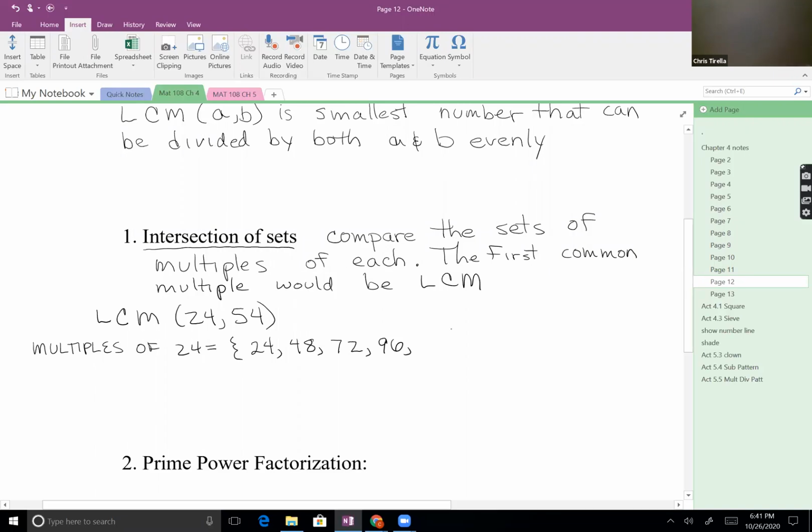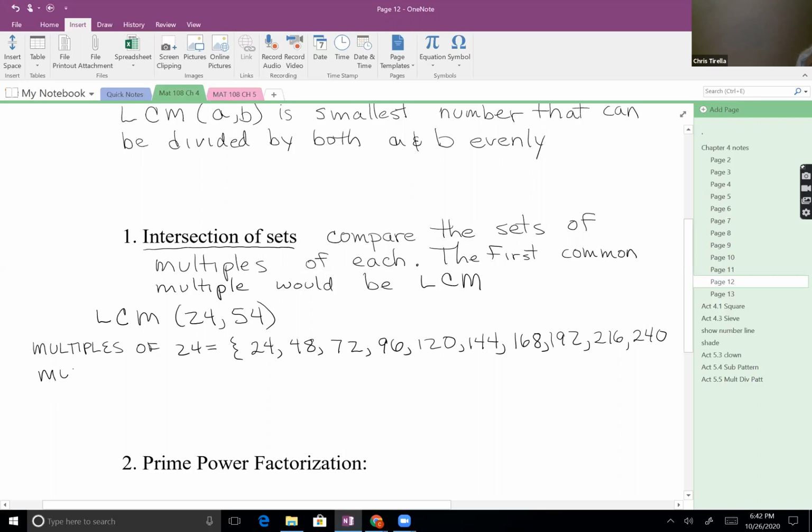Anybody want to help me with that one? 120. 24 times 6, 144. 24 times 7, 168. 24 times 8, 192. 24 times 9, 216. And I'll do the hard one. 24 times 10 would be 240. And that list can go on.